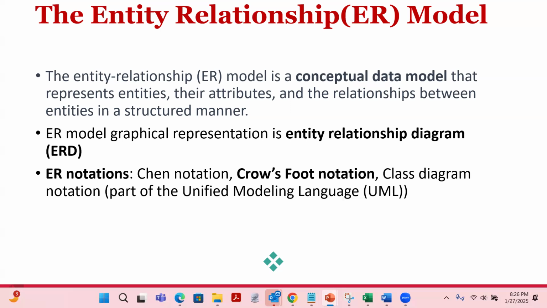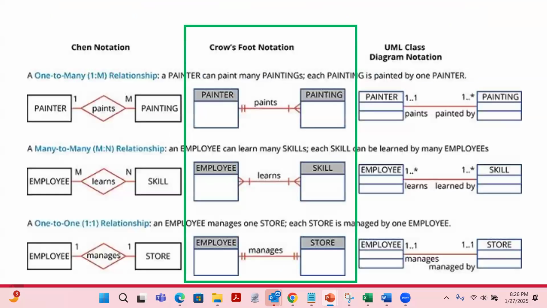So let's look at those notations. They all represent the same thing, but they look slightly different, okay? Chen notation, you can see, has those triangles and the rhombus in the middle, and there is also the UML diagram.